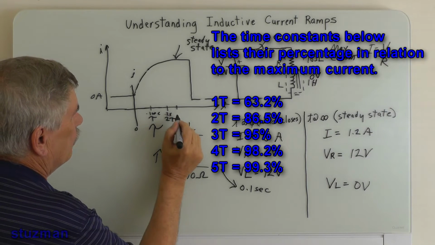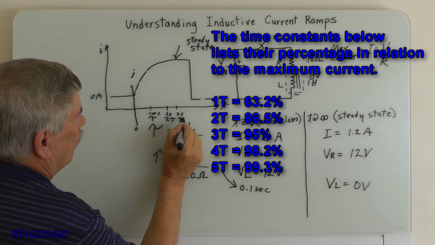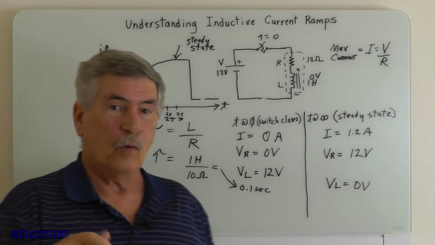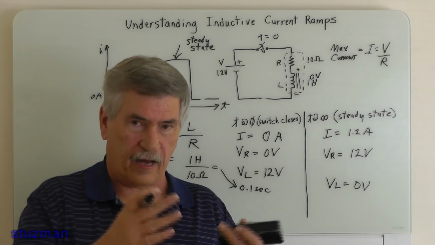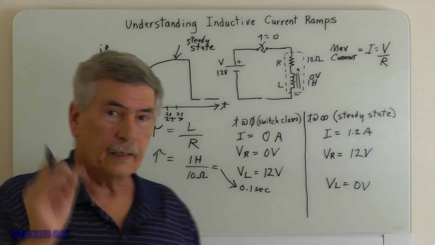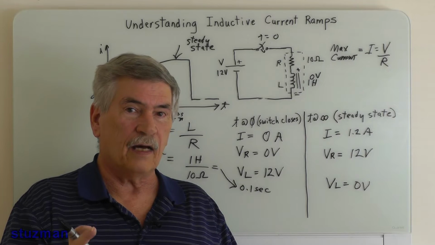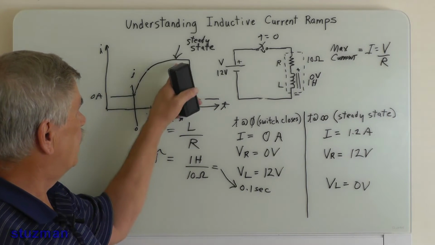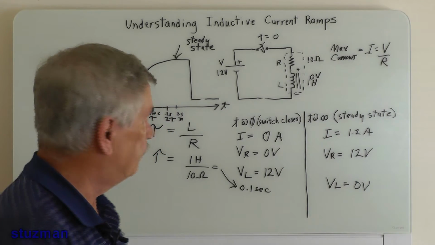And across we go, right? 0.3 seconds, 3 tau, 4 tau, 5 tau. And by the way, when I hit 5 time constants, that's 5 times this 0.1, 0.5 seconds. That will be the amount of time it takes for this coil to fully charge up to reach the steady state value. And so, you know, that can come in handy.